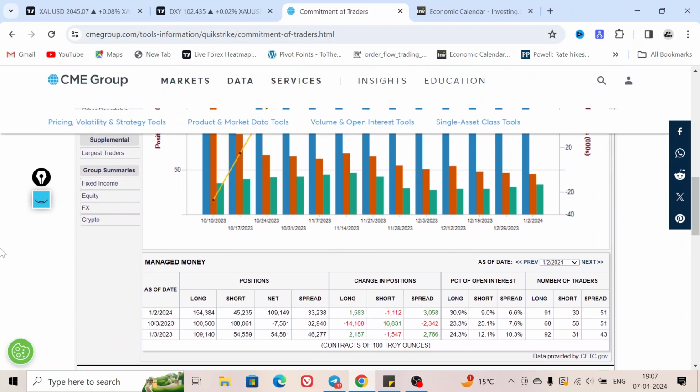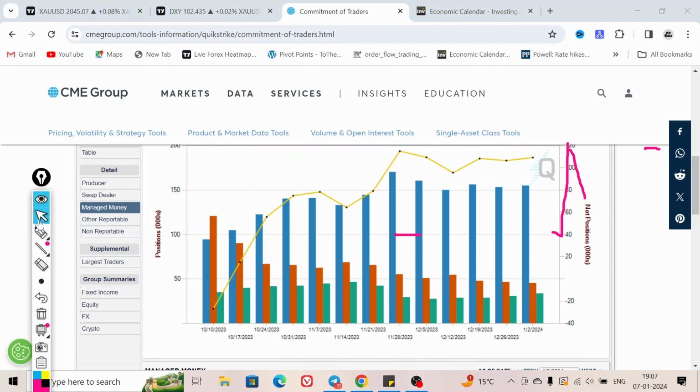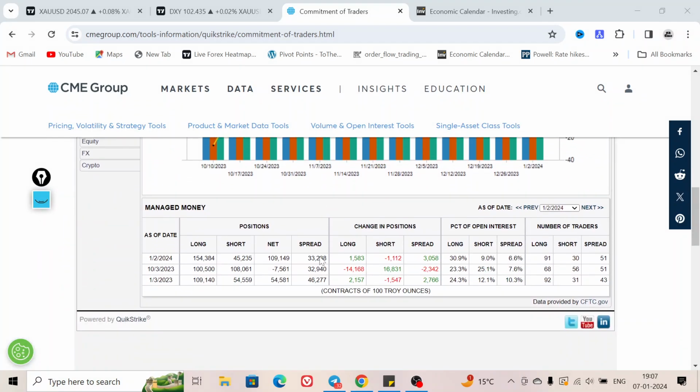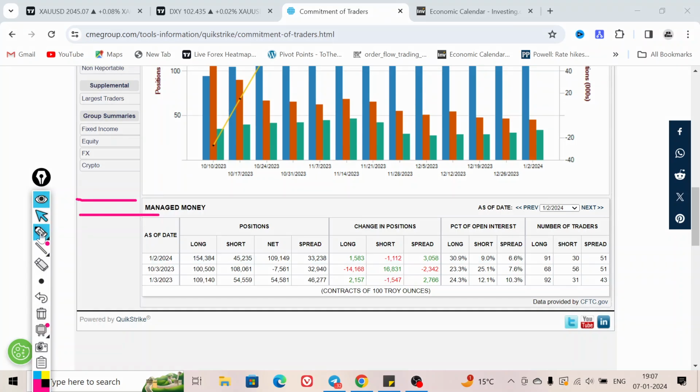If we check the positions of the managed money from the COT report, you can see that they are adding positions into the longs.